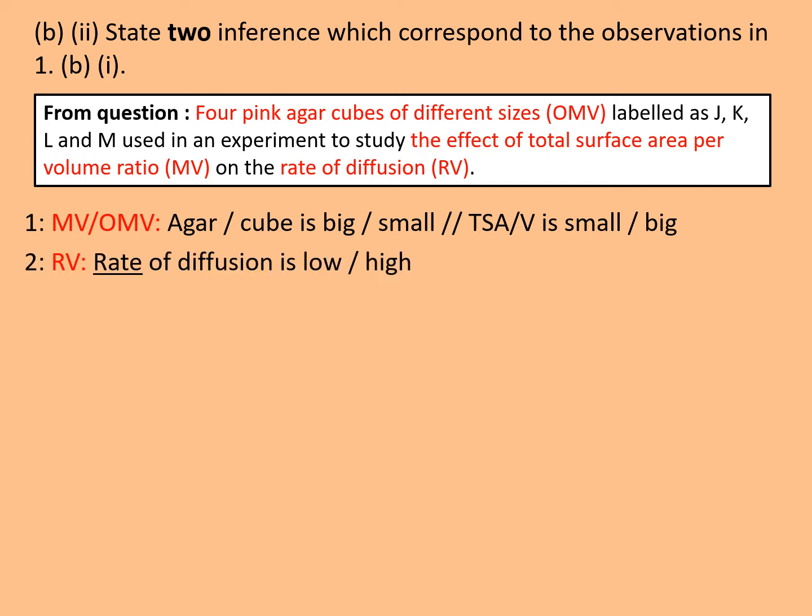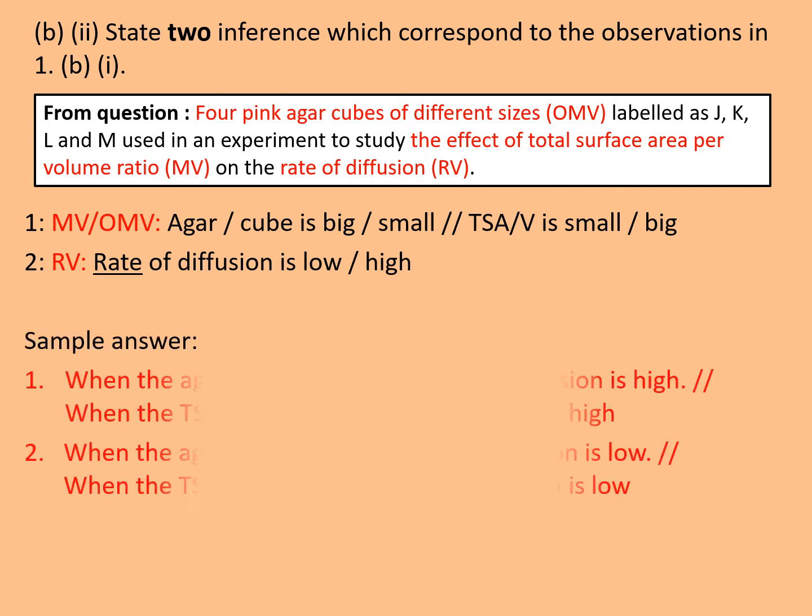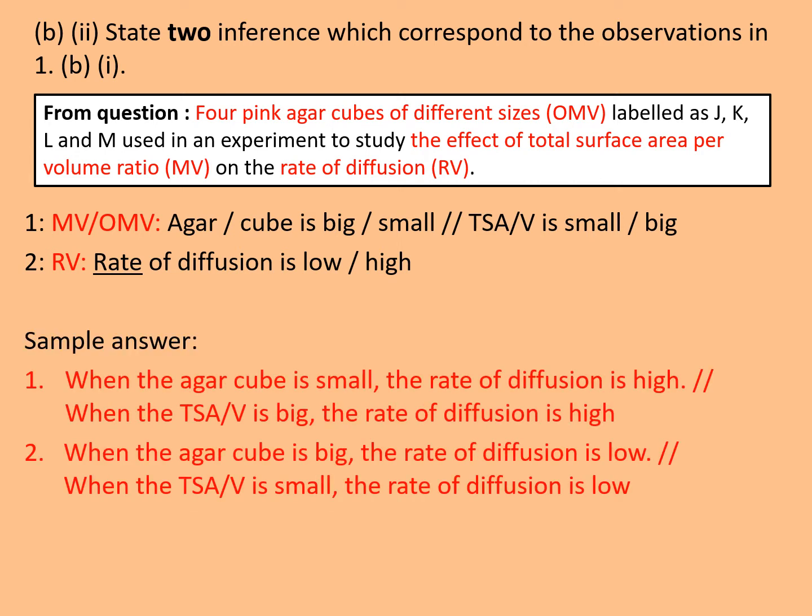Okay, and then the RV is rate of diffusion is low or high, depend on the size of agar cube. So this is the sample of answer. Number 1, when the agar cube is small, the rate of diffusion is high. Or you can say when the total surface area to volume ratio is big, the rate of diffusion is high. Okay.